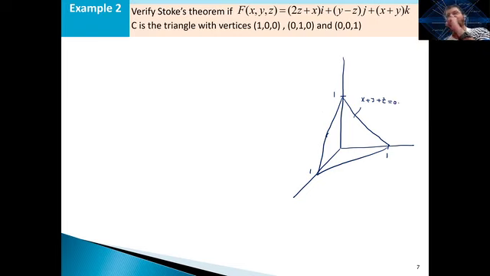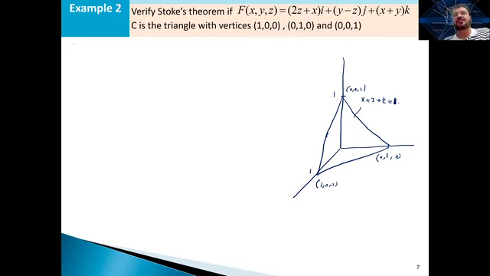This is the surface because it's 1, 0, 0, 0, 1, 0, and 0, 0, 1. If you take x and y 0, you get z 1, here it is. If you take x and z 0, you get y 1, here it is. And if you take y and z equal to 0, then x is equal to 1, here it is. So the best presentation is x plus y plus z is equal to 1.